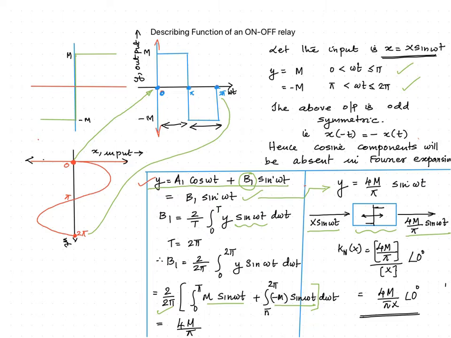Here we can see that there is no phase shift between the input and the output. The output starts exactly when the input starts and completes its one cycle at the same instant when the input completes its one cycle. That is, describing function of an on-off relay is 4M by pi X angle 0.